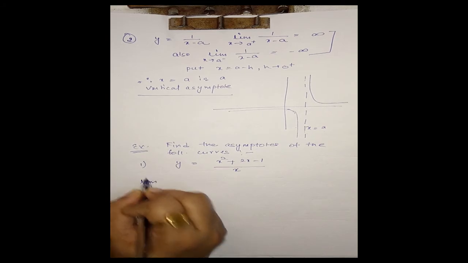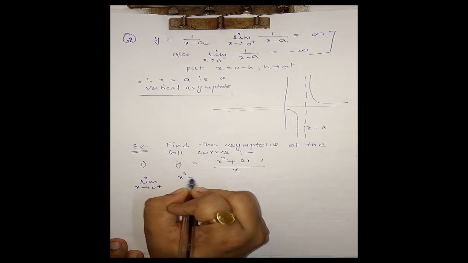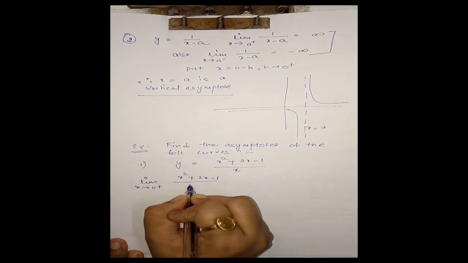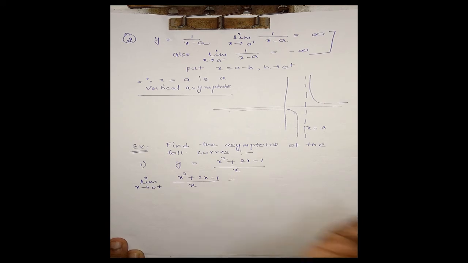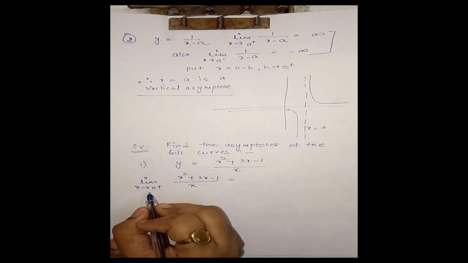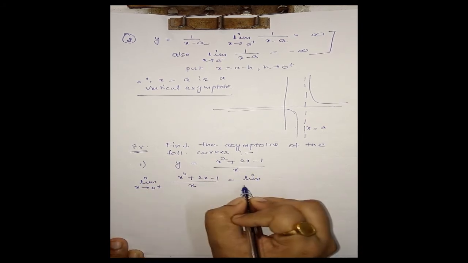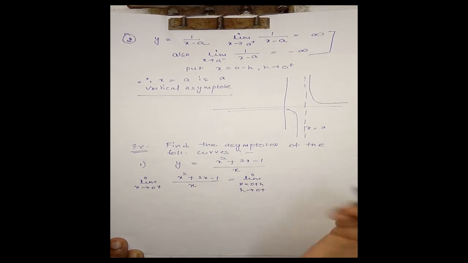Now limit x tending to 0 plus of (x² + 2x - 1)/x: replace x by 0 + h, then take h tending to 0 plus.